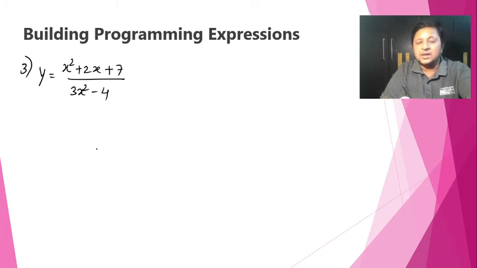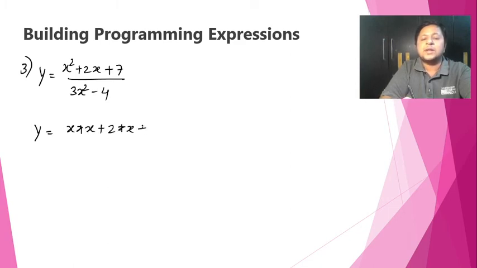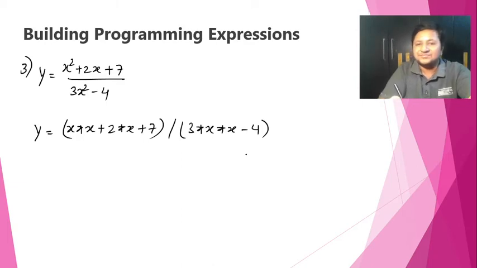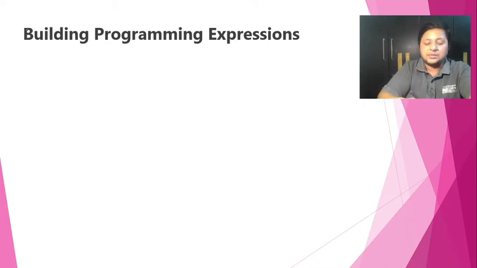Now how could that be handled? y is equal to x square plus 2 into x plus 7, the whole should be in brackets because it's a complete numerator, divided by 3x square, that is 3 into x into x minus 4, and that's how it should be. I hope you are getting it. So that is how a given mathematical expression can be converted to a programming expression.